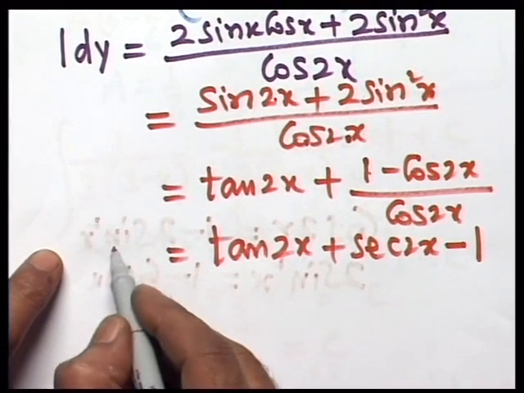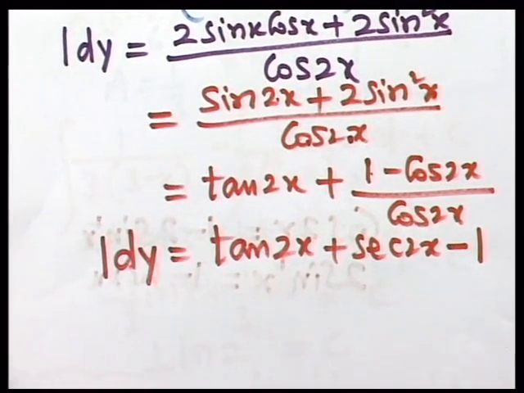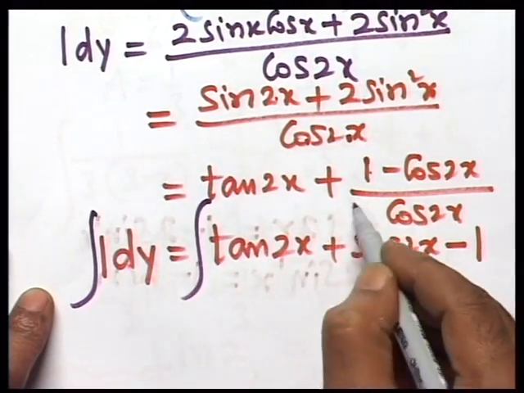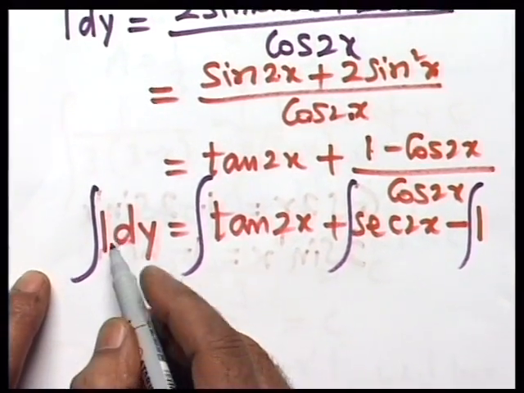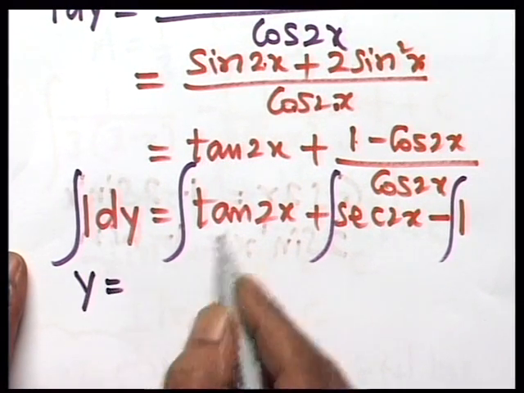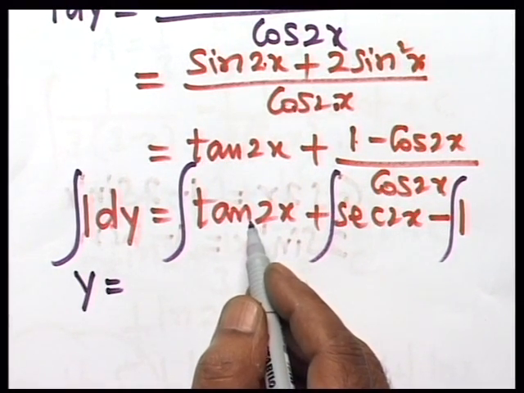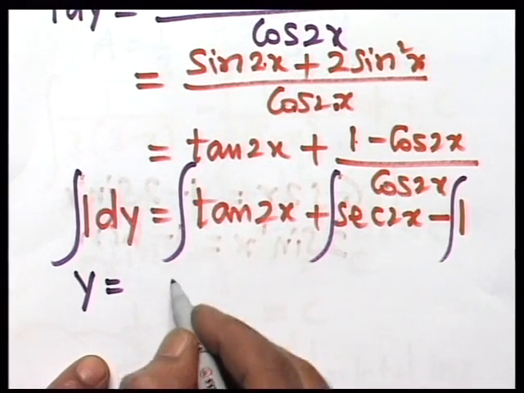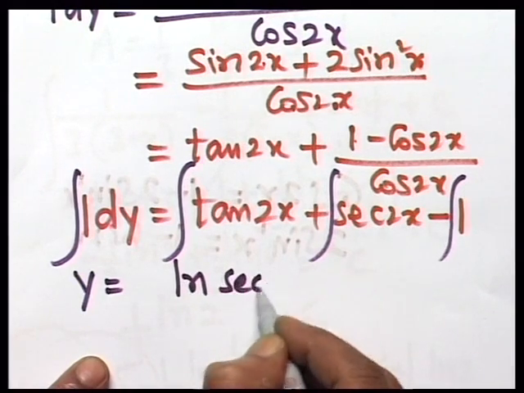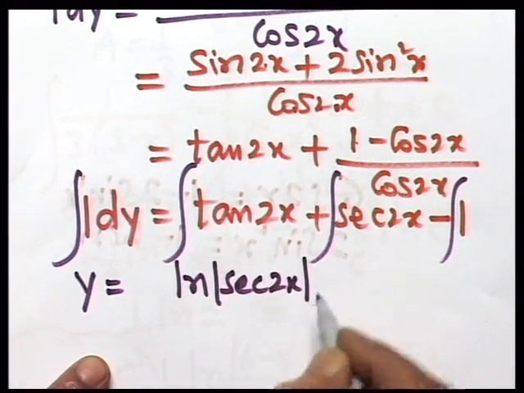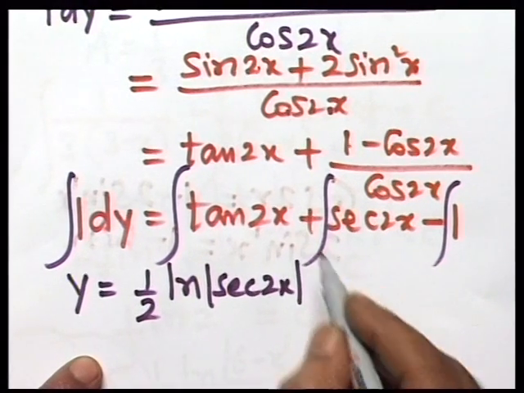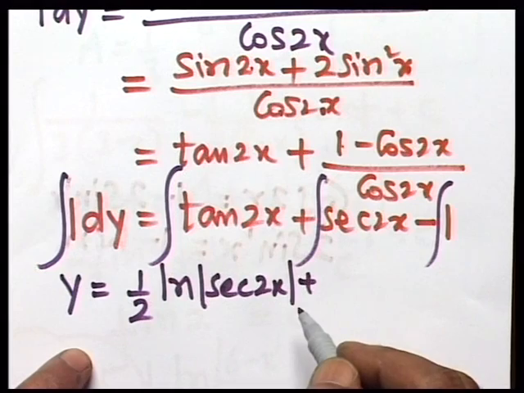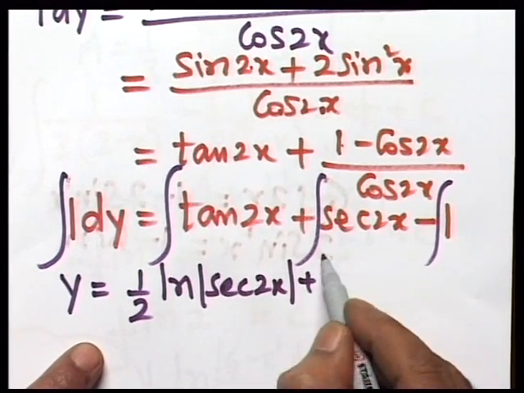That's what we have. Left hand side is 1 dy. We are allowed to integrate now because all these three are good looking, right? Integrate, integrate, integrate. 1 dy should be y, and tan theta, we all know, integrates to natural log sec x. If you integrate tan 2x it is natural log sec 2x, but do not forget that 2 gives a half in the front, plus the integration of sec theta, which is ln of sec x plus tan x.